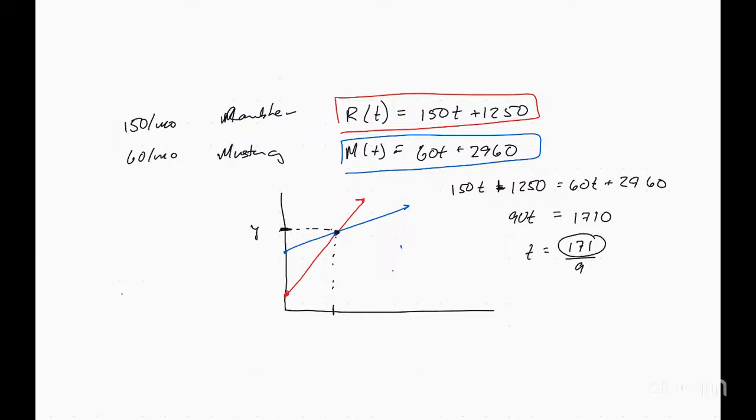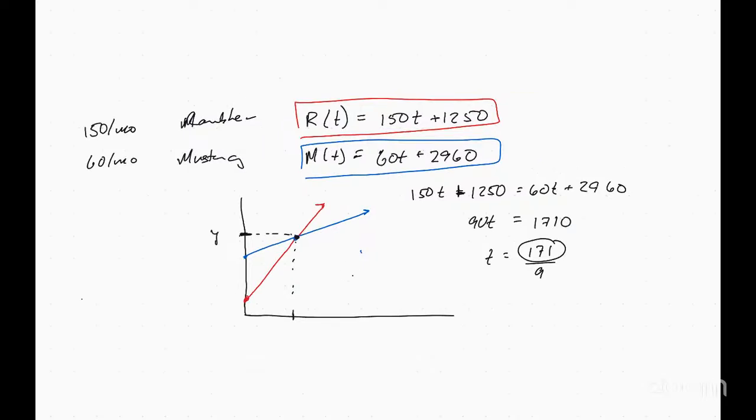That's one of the divisibility rules for the number 9. So I know that's going to be a nice number. Let's see, 9 goes into 171 19 times. So the number of months for the break-even point is 19.